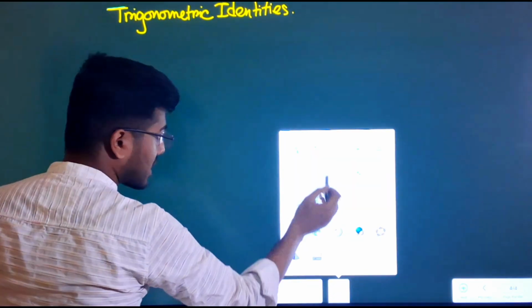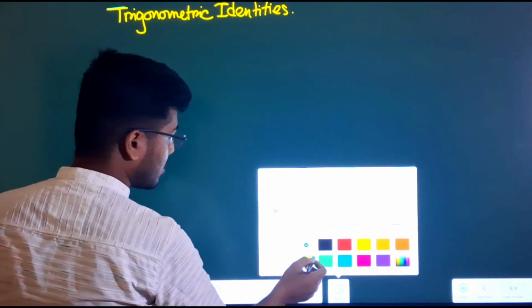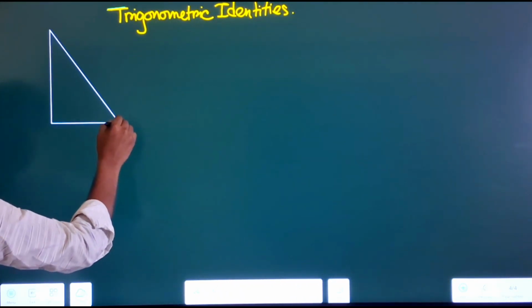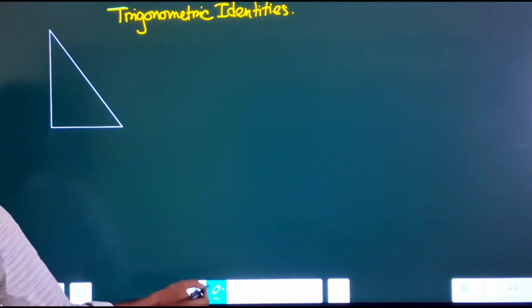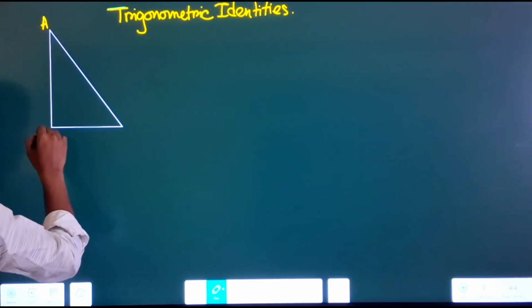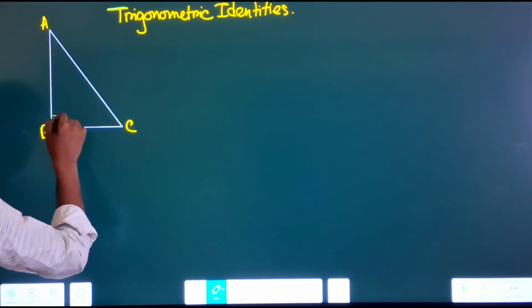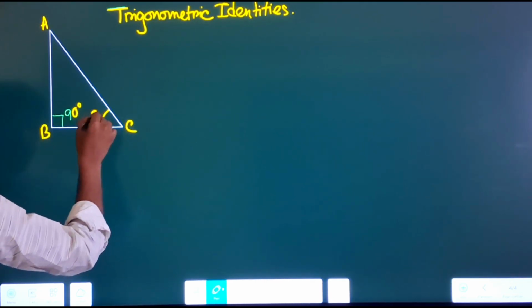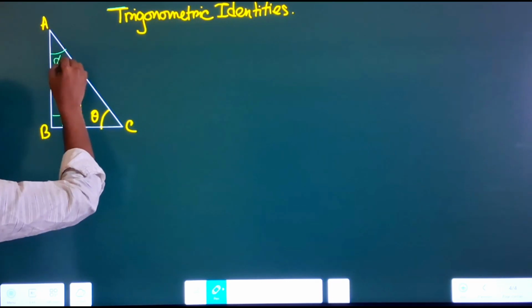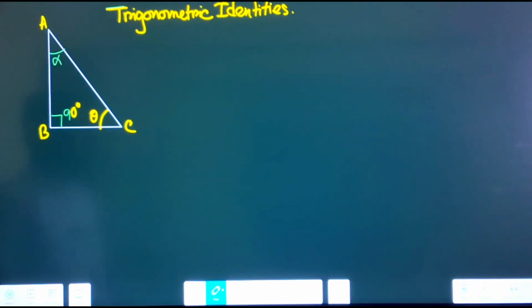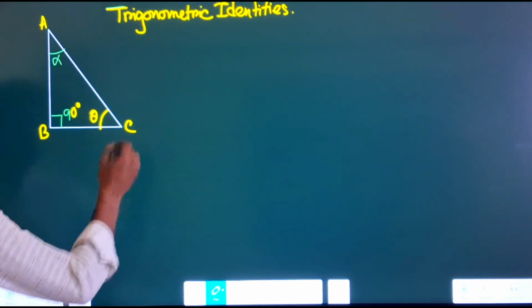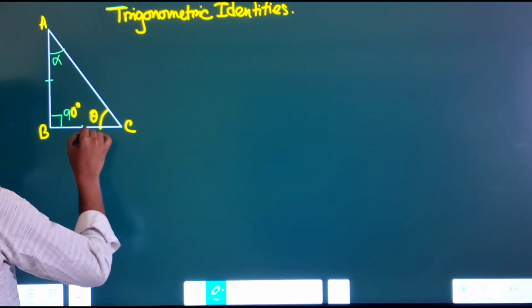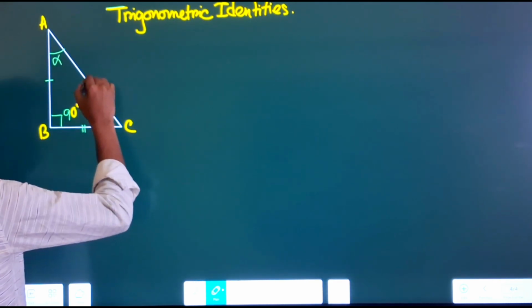Before starting the portion, at first I draw one right angle triangle. Give the name ABC. This is the 90-degree angle. Suppose this is theta and this is alpha. According to the Pythagoras theorem, we have to write perpendicular square plus base square equals to hypotenuse square.